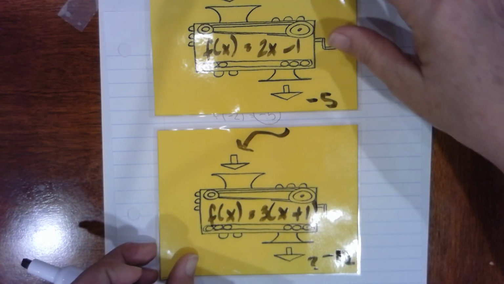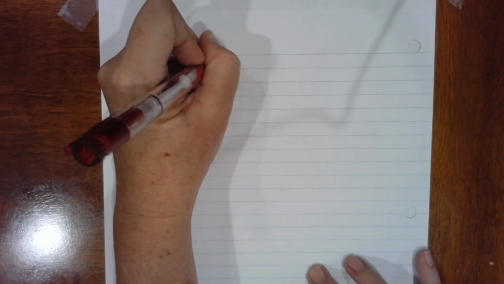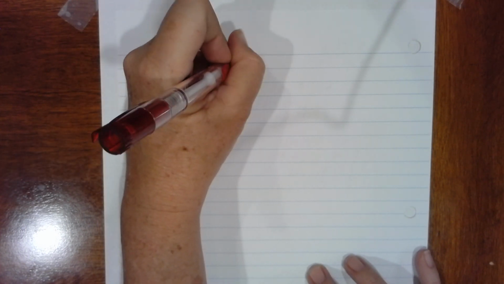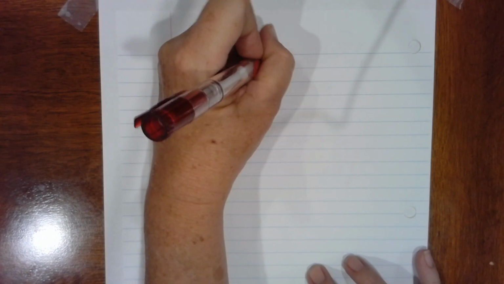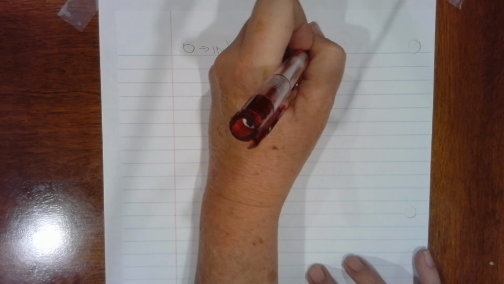Okay? Now what happens, or how would I organize these functions if my initial input is 0 and my final output would be 5?